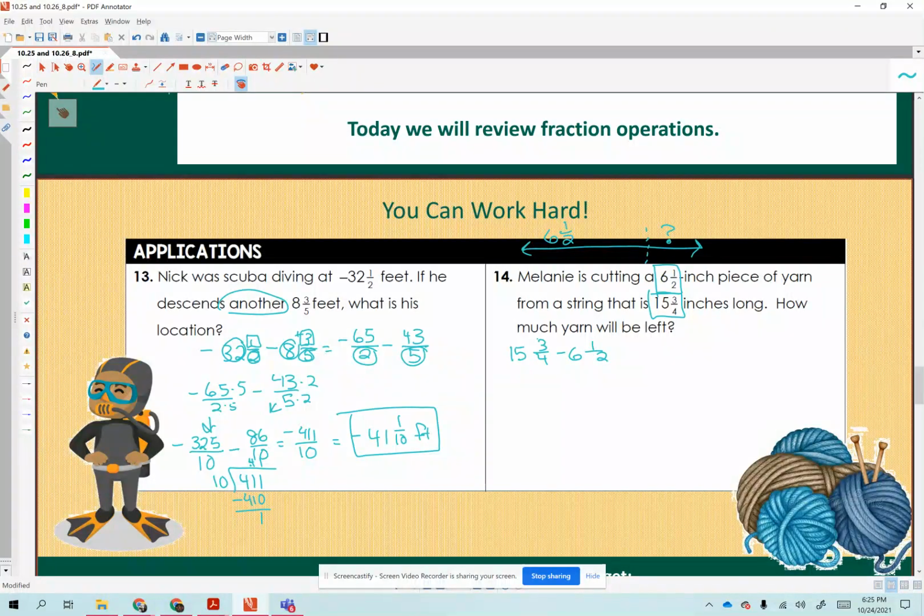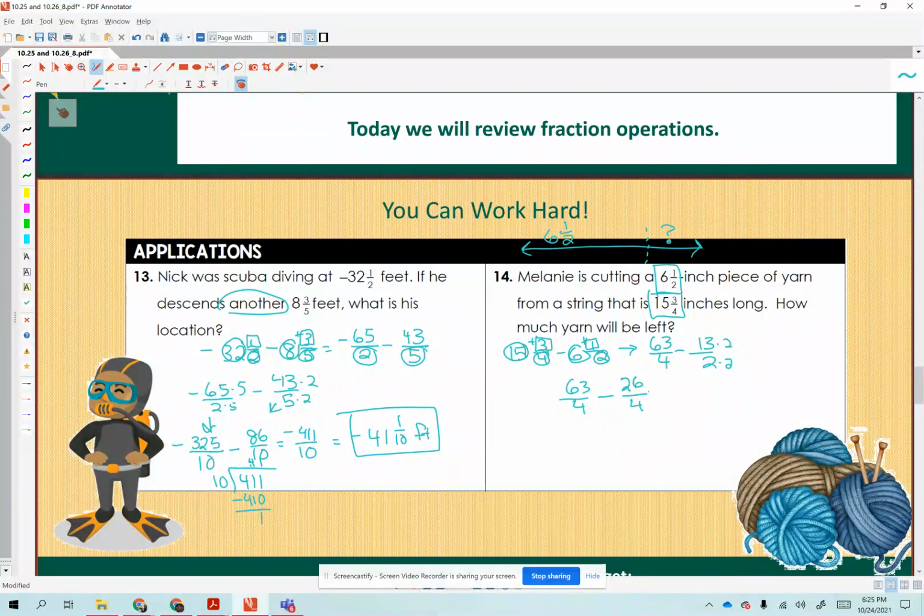So we'll convert to improper fractions and then to fourths. So 15 times 4 is 60 plus 3 is 63 over 4. And for the second fraction, 6 times 2 is 12, plus the numerator of 1 is 13 over 2. So we can work with the fourths. So let's just rewrite the second fraction. So our first fraction is 63 over 4 minus, 2 times 2 is 4, 13 times 2 is 26.